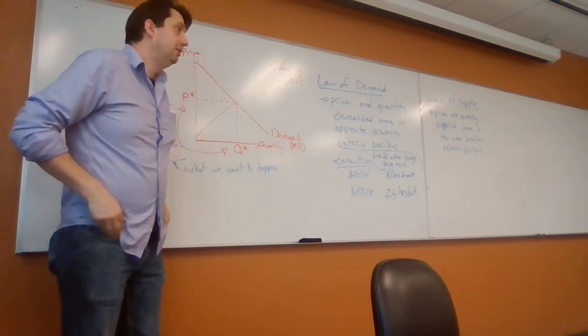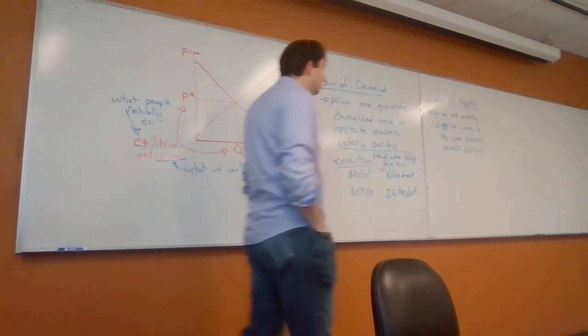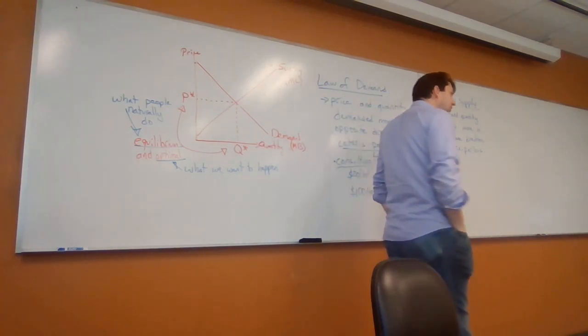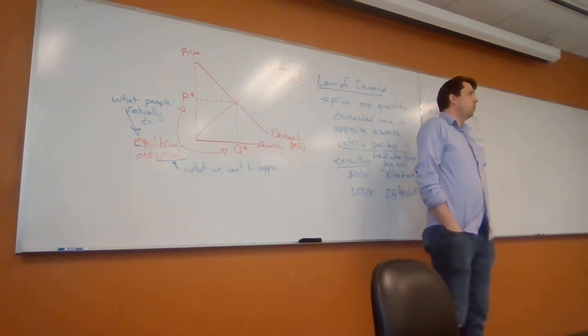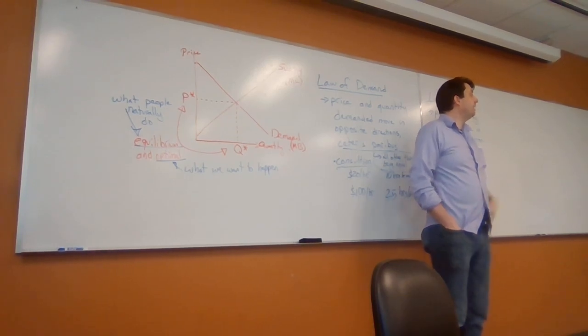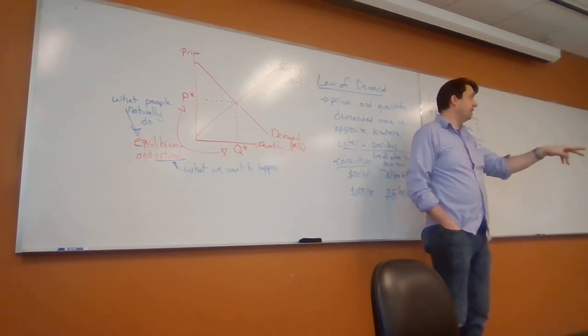Yeah. I don't get it because, at least from what I see, when there's more of something, for example computers or cars. Well, we're going to talk about that in a moment.